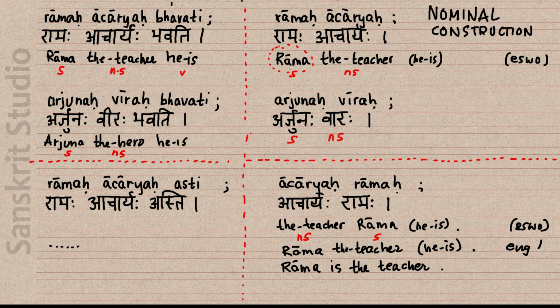But on the right hand side we saw that we can also skip asti to have a simply nominal construction without any verb. And then we had two different syntaxes here, one with the same word order as on the left hand side, and another where we're flipping the word order here.